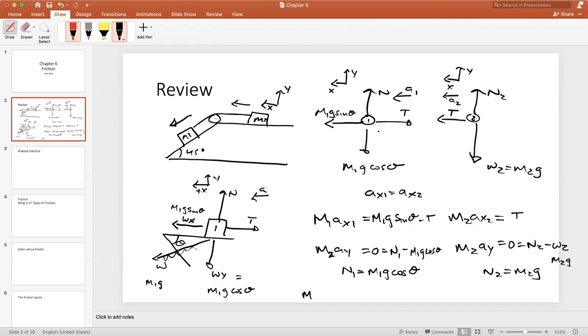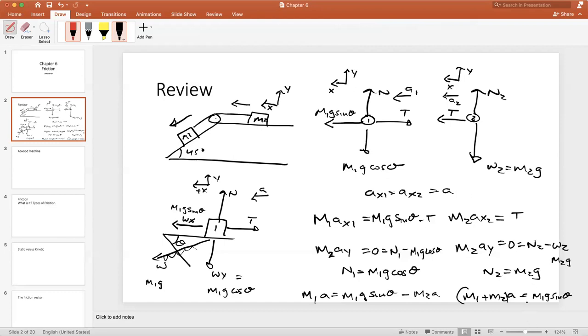However this mass moves, this guy's going to move the same. If he slides down 5 meters, he slides to the left 5 meters. So we're just going to call this A. And what we get is M1A is M1g sine theta minus T, but T is M2A, so M1 plus M2 times A is M1g sine theta, okay?